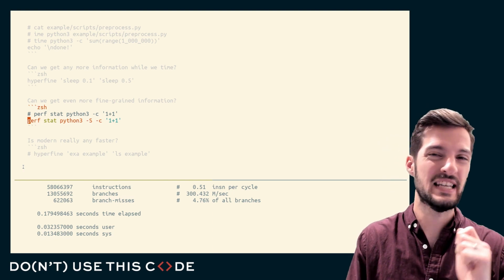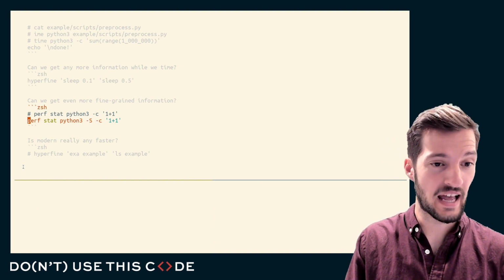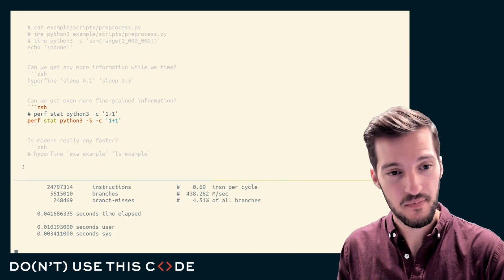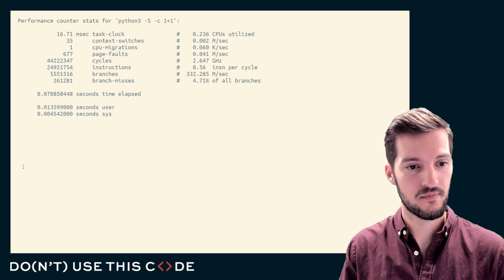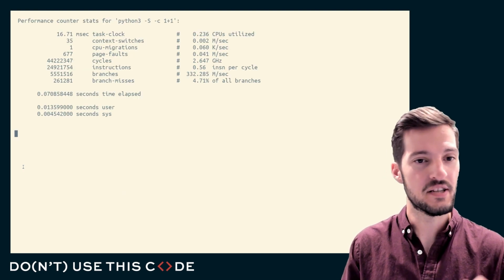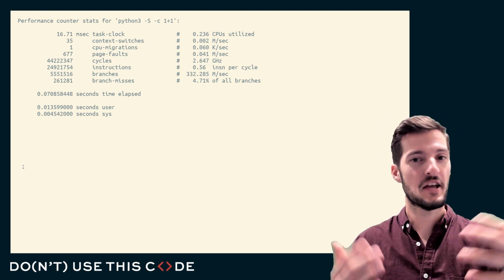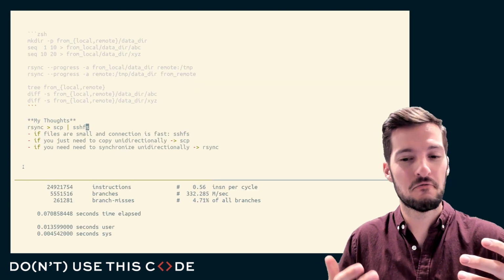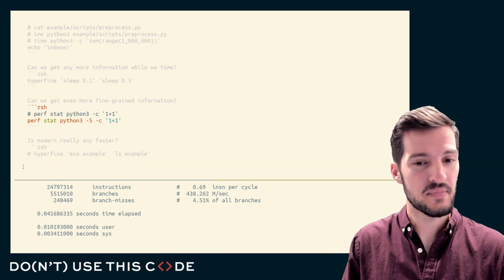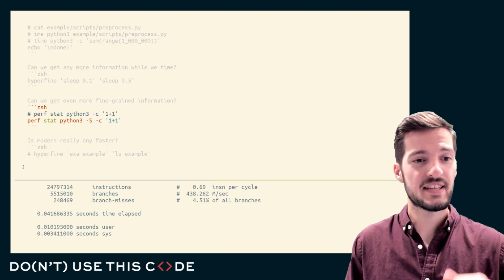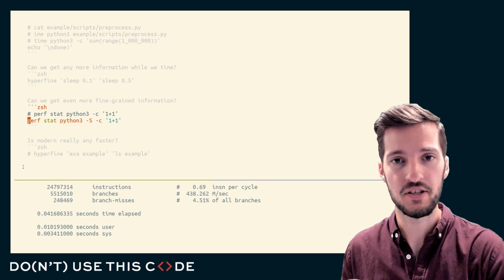And I can show you that even within Python. If I add the -S flag to my Python call, we can see that the number of cycles decreases, the number of instructions decreases, and everything looks like it just ran a little bit faster. And what this means is that the -S flag did something in order to reduce the CPU load.